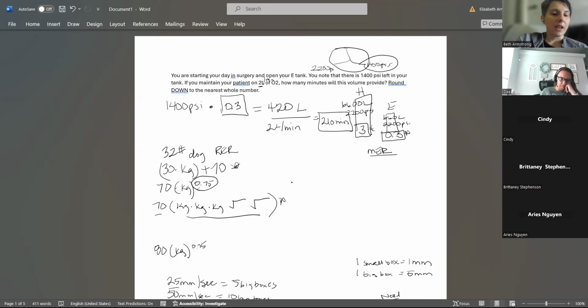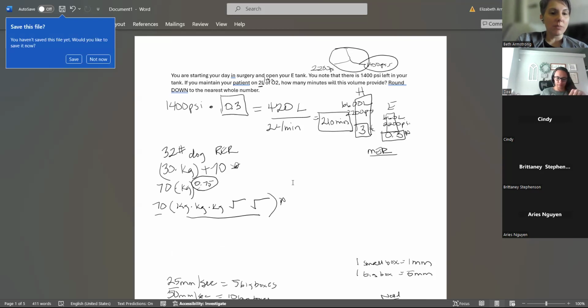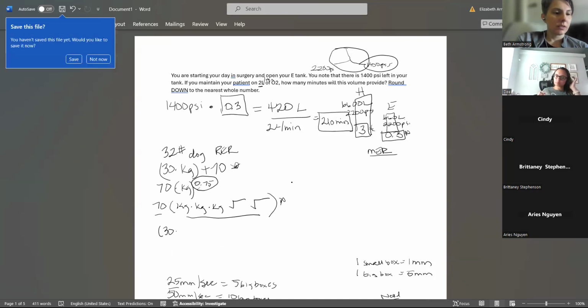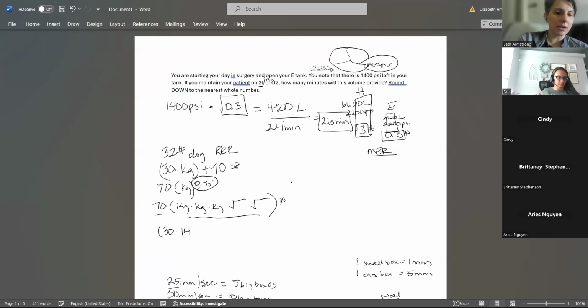Now let's try to do both of these, just so you know. All right, so we have 30 times, what's our kilograms? 32 pounds is 14.5 kilograms.